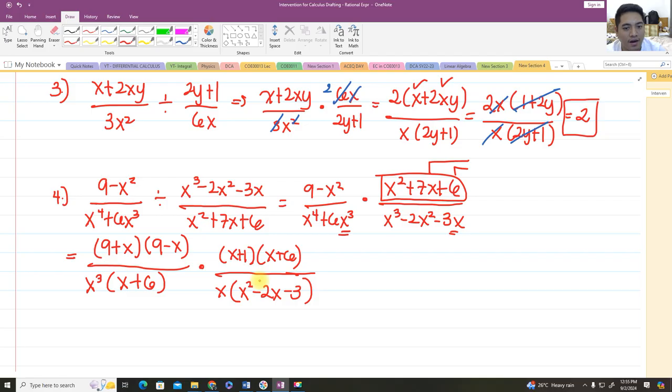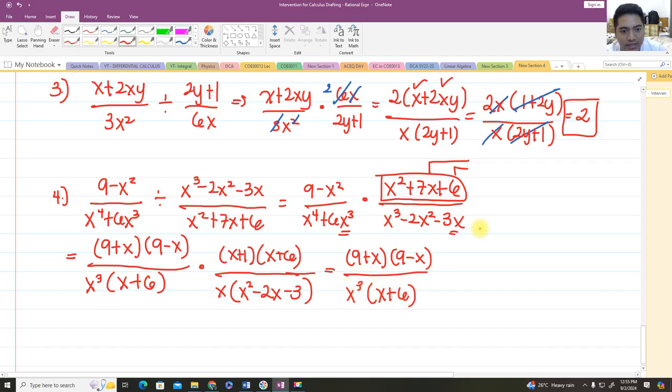Let's try. I think we can factor it. So you have 9 plus x, then 9 minus x, all over x cubed, and then you have x plus 6, multiplied by x plus 1, and then x plus 6, and then you have x.